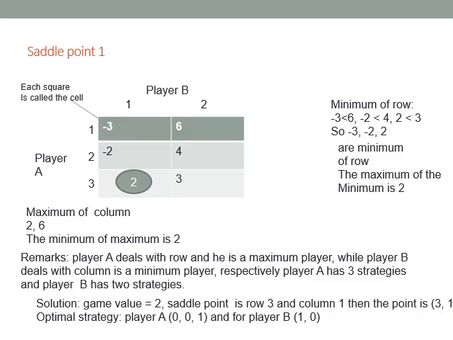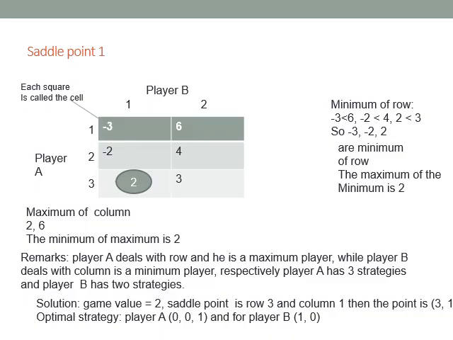On the other hand, there are 2 columns only. Player B deals with columns and he is a minimum player. He plays to minimize losses. Player A plays to maximize gains.